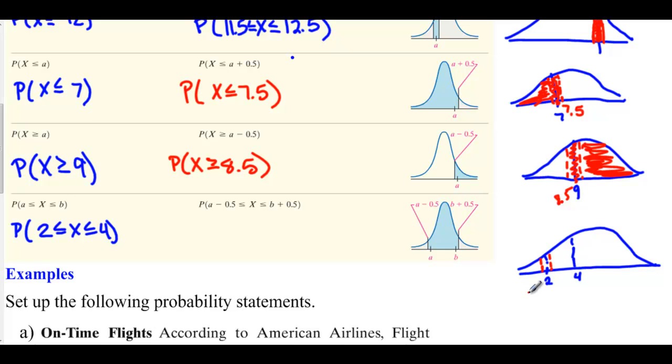So that low point is going to be 1.5. And then for the 4, we're going to go half above and half below. So that high point is going to be 4.5. So we would want not only the area at 2 and the area at 4, but also all that stuff in between. But instead of using 2 and 4, because we're using the normal curve to approximate it, we're going to be using 1.5 and 4.5.